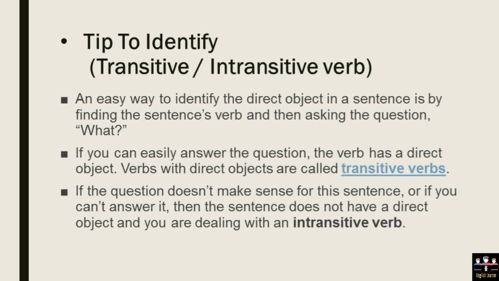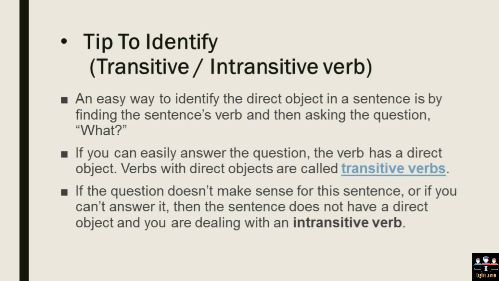Verbs with direct objects are called transitive, whereas if the object is missing in any example, or the verb is not delivering its meaning to any direct or indirect object, it means that we are not dealing with the transitive. We are dealing with intransitive.